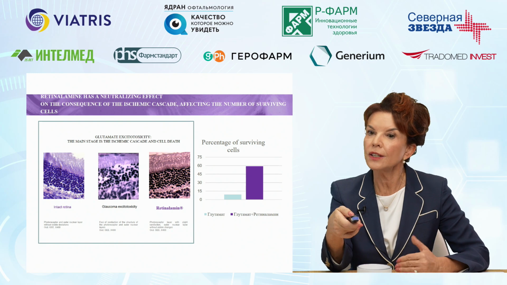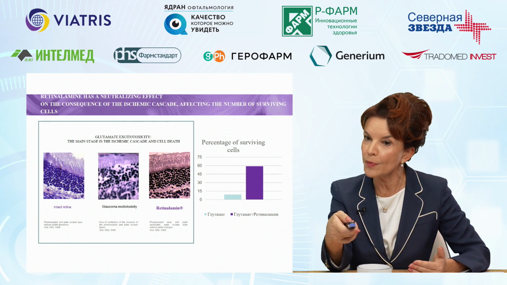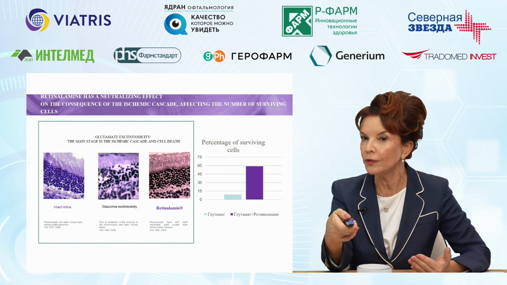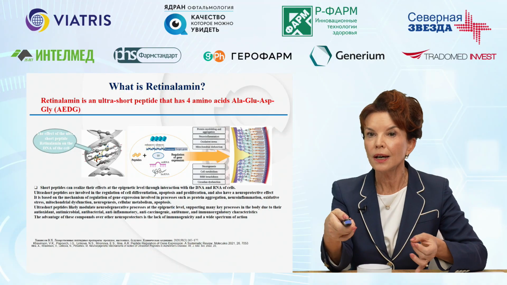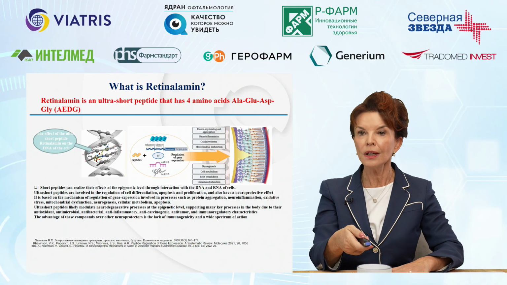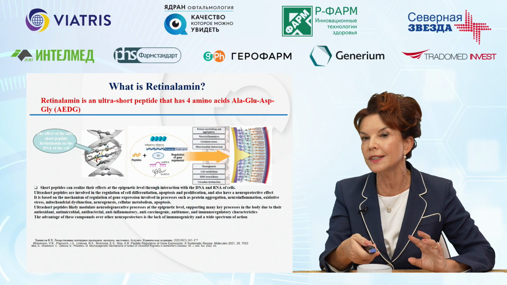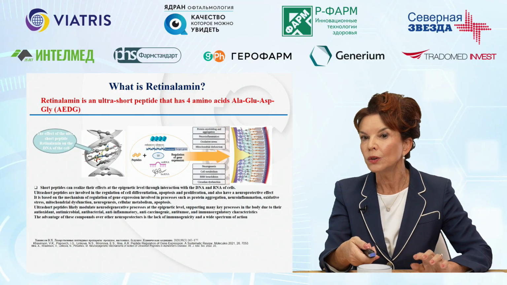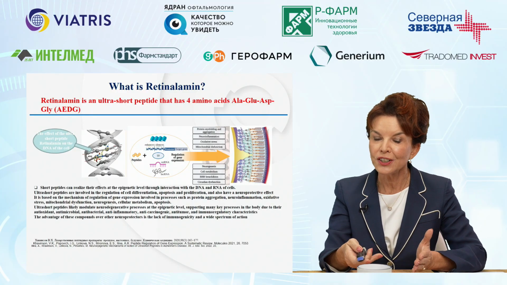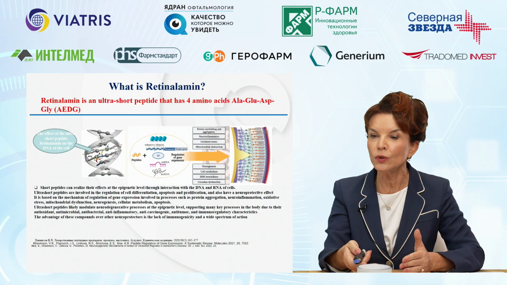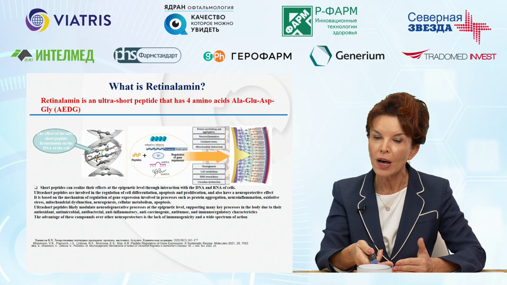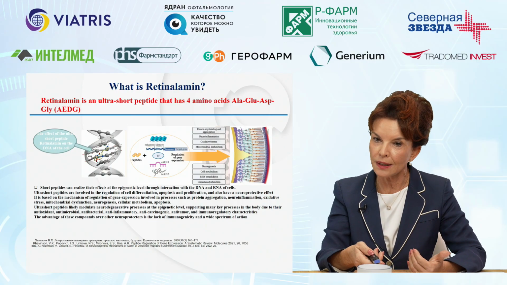In my presentation, I cannot miss retinolamine because we speak today about amino acids. Dear colleagues, let me remind you that this is an ultra-short peptide that has just 4 amino acids. But please appreciate, these 4 amino acids have quite a comprehensive effect.